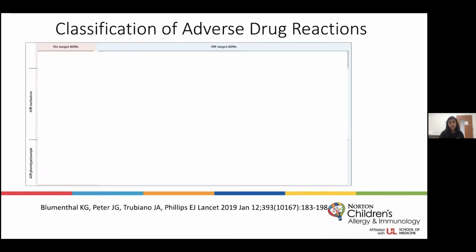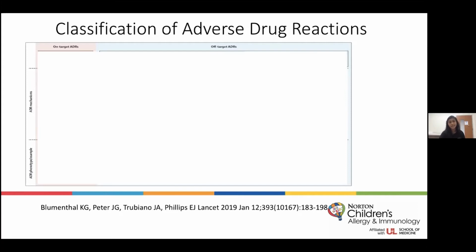We're going to go over the newer definitions now of adverse drug reactions. We have moved away from the older definitions. As you may have learned in medical school, we initially used to classify adverse drug reactions as type A and type B, predictable and unpredictable.